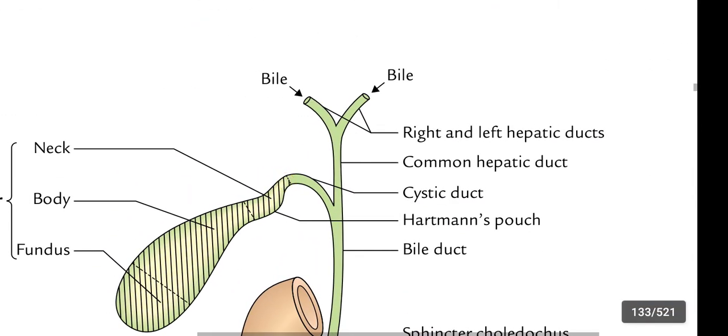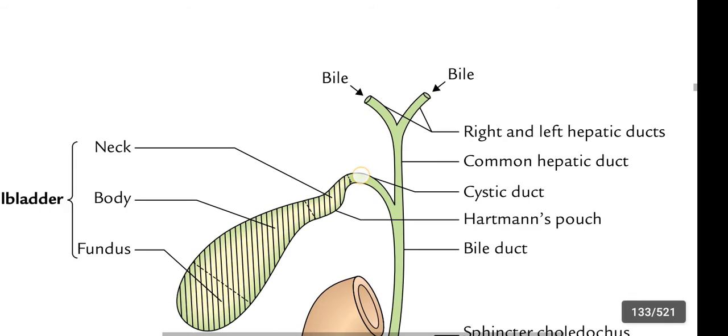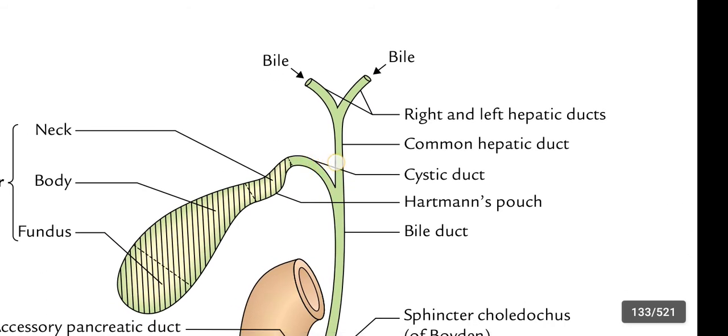The angle between the cystic duct and the common hepatic duct, this is the angle. This angle between the common hepatic duct and cystic duct is acute.